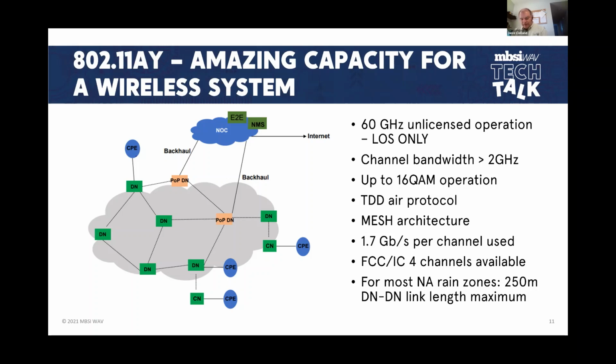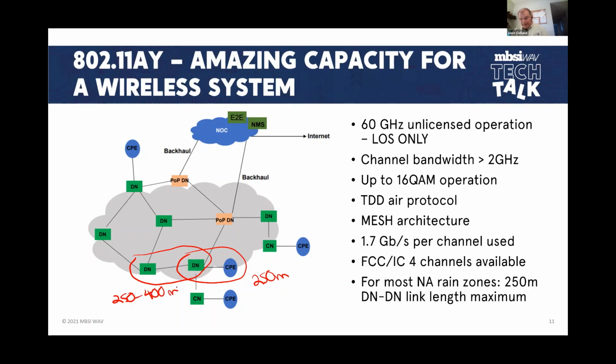In this particular network, this range here typically is going to be 250 meters. This range is likely going to be about the same, but it could be a little bit more. So 250 to say 400 meters.